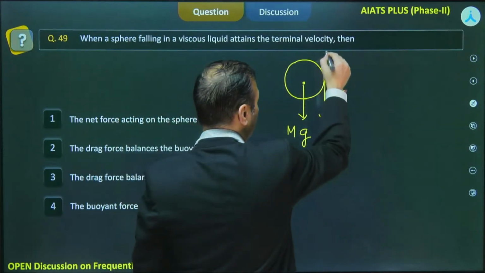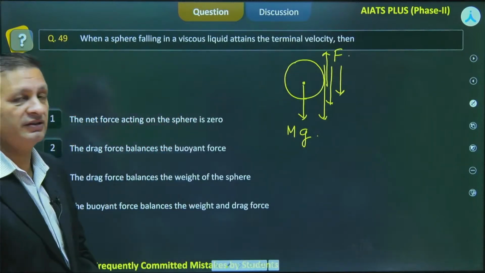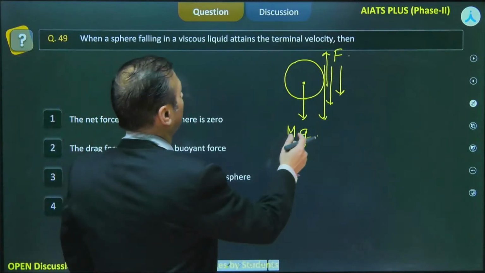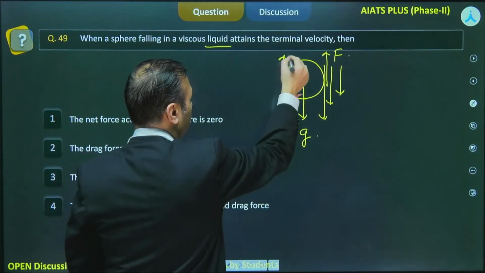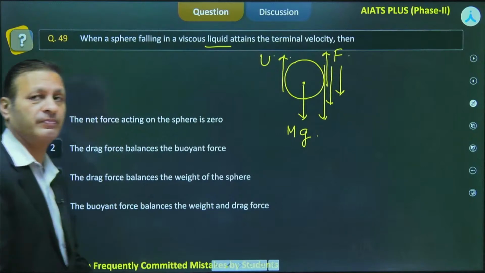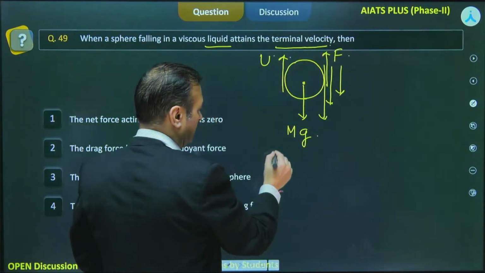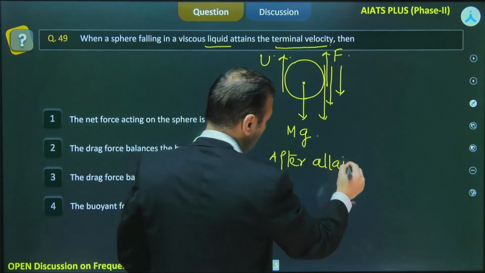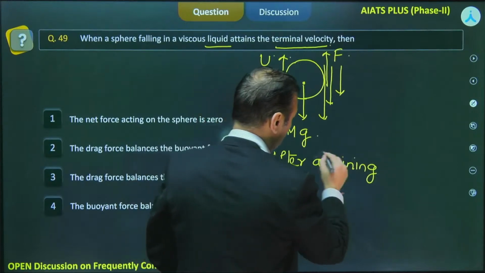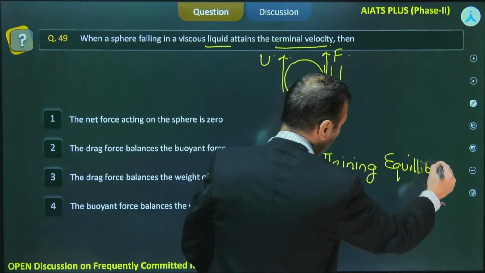So it experiences a viscous drag that is opposite to this, and this is F. Because this is already in a liquid, this body will also experience an upthrust. And you know, the terminal speed is defined only after attaining equilibrium.